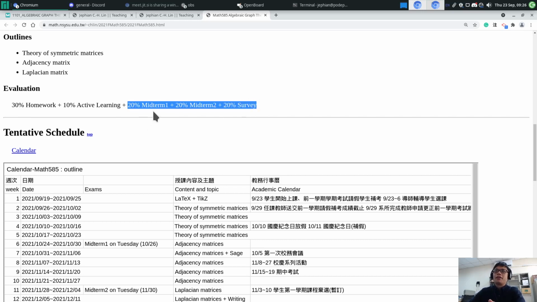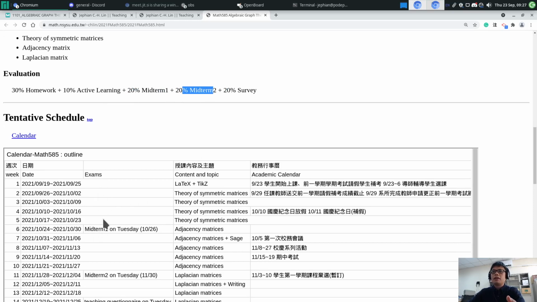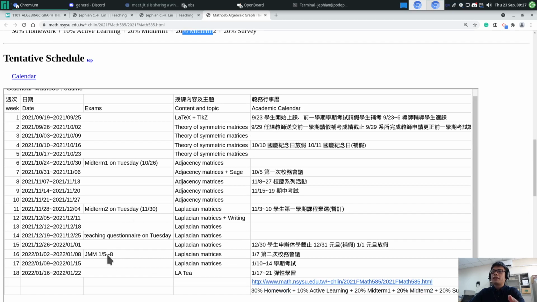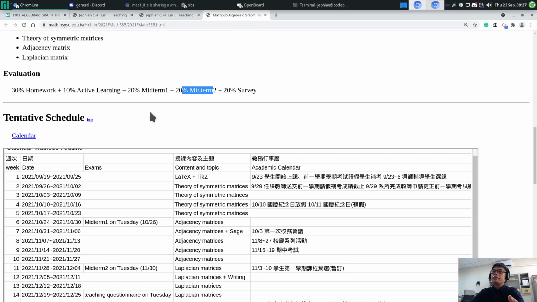You can think of that as exam, exam, report. So that means we have two exams scheduled at the first third and second third of the semester, and then there is no final exam. Okay, there's no final exam. The last one is going to be a report. So exam, exam, and report.